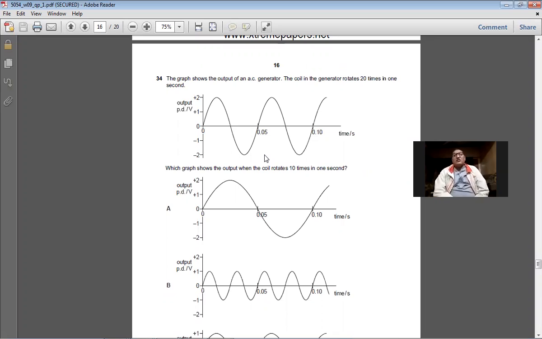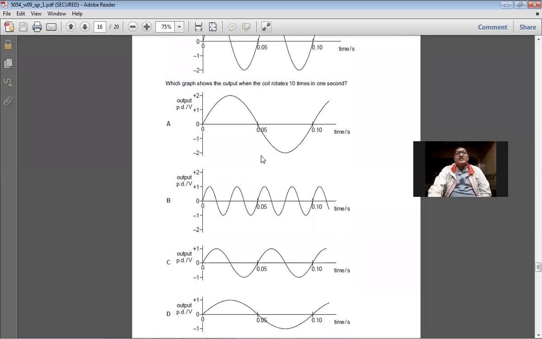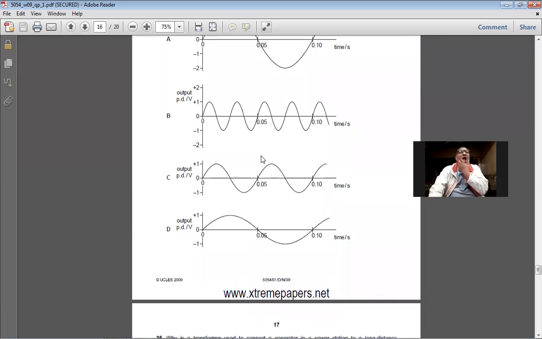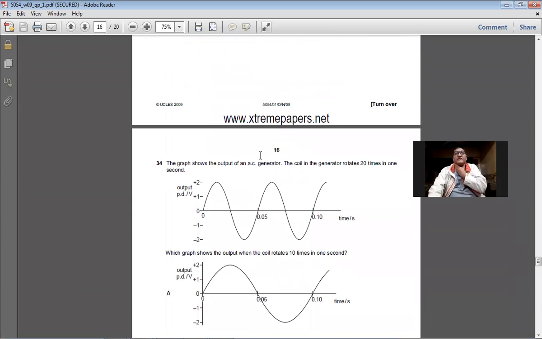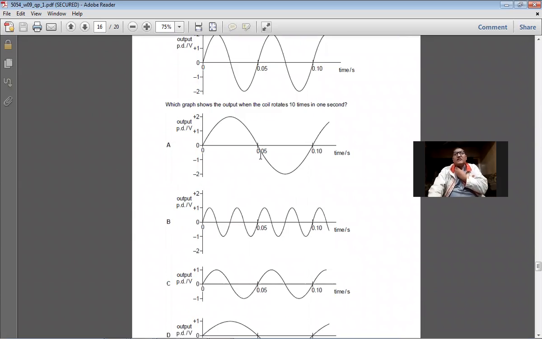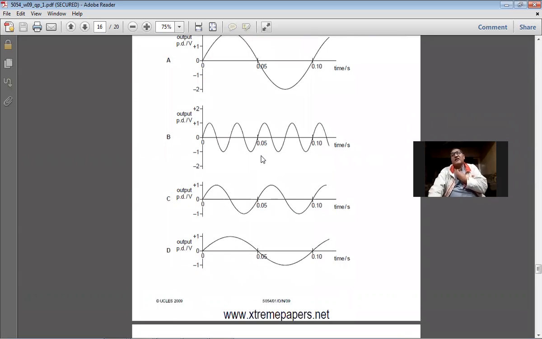Now, in 1 second, it's going 10 times faster. So during the same duration, the time period should decrease, and the amplitude should also increase, I think.